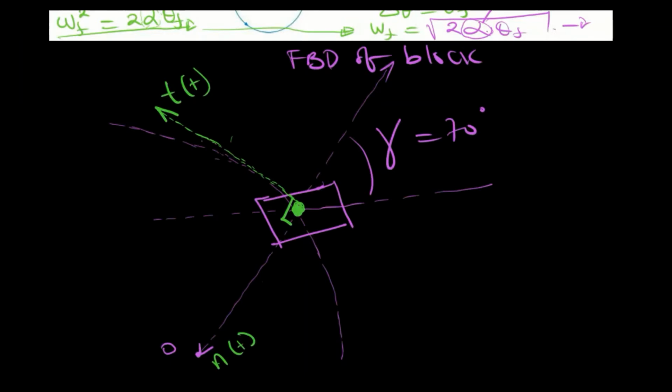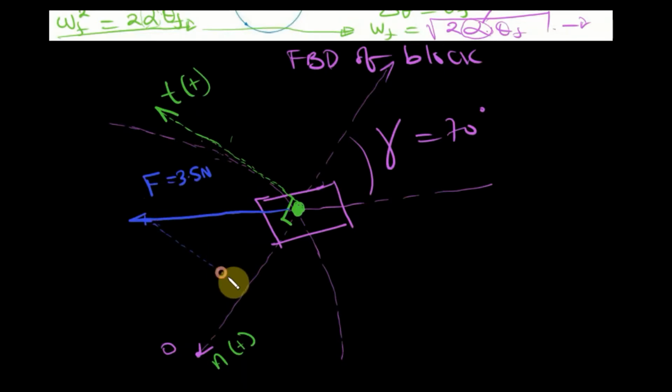What else do I know? I know the thrust force. So I'm drawing a free body diagram here. Thrust force, which is 3.5 newtons. This can be broken into components.